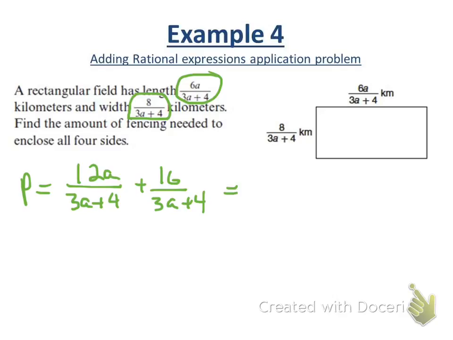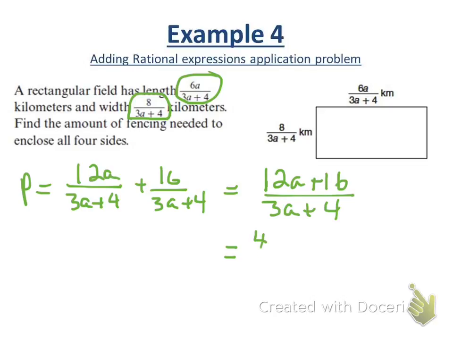So then we're left with, our denominators are the same. We can't combine 12a and 16, but we can write this as a single fraction: 12a plus 16 over 3a plus 4. We need to check it, right? We always have to see if the fraction can be simplified, which means we need to factor the numerator and denominator.